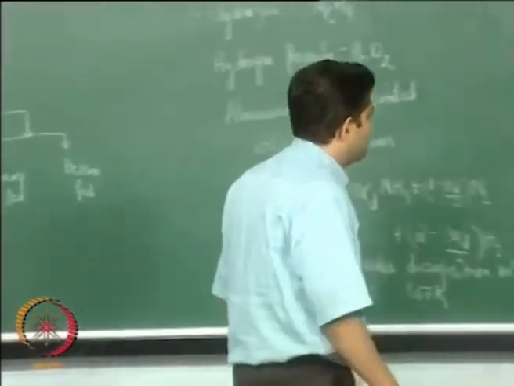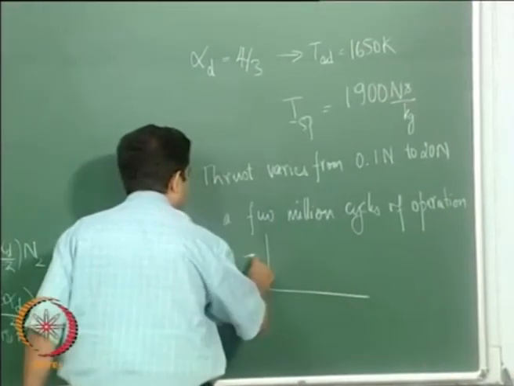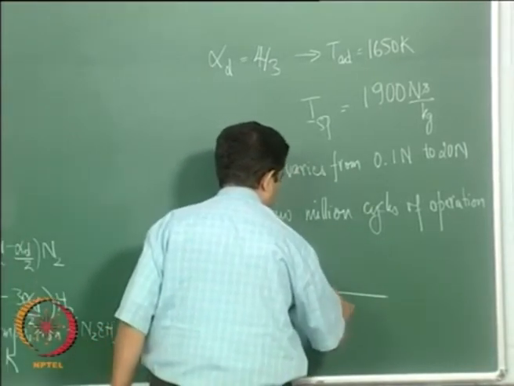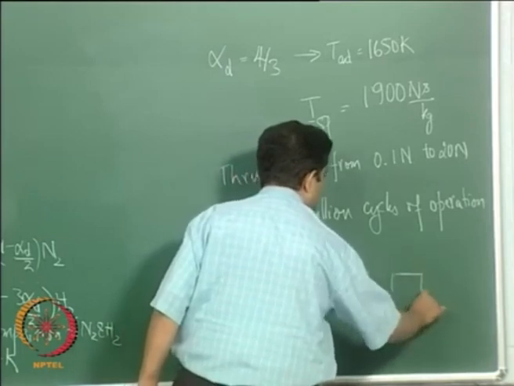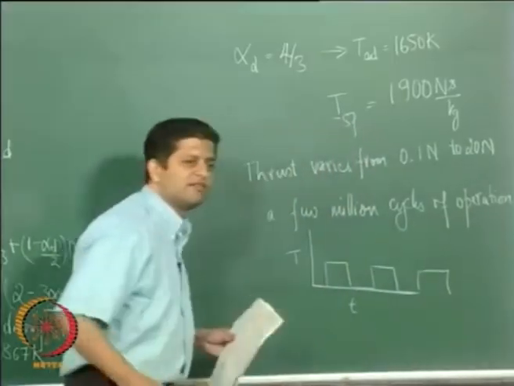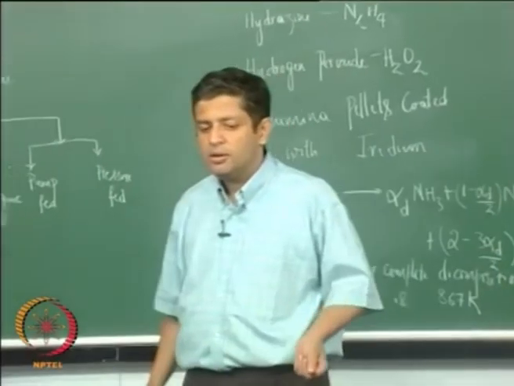So if you look at the thrust time curve for them, they are switched on and switched off after a certain time, they are not in continuous operation.